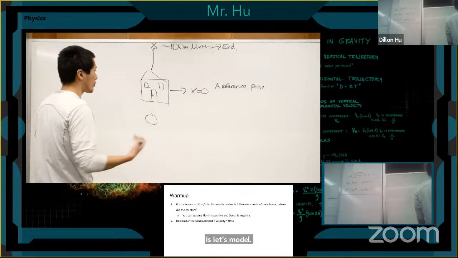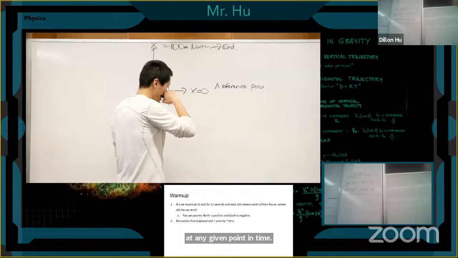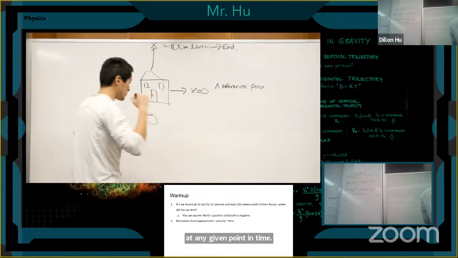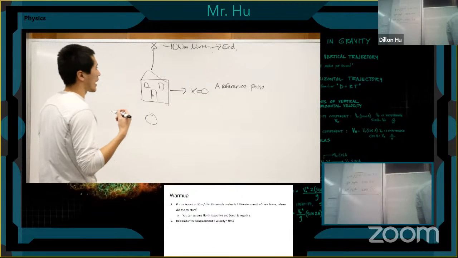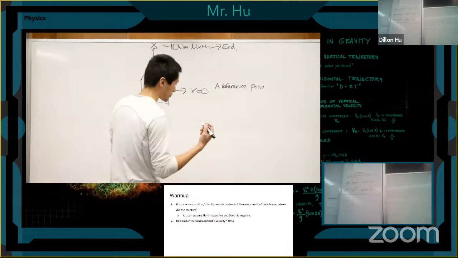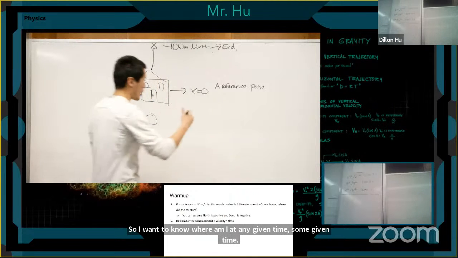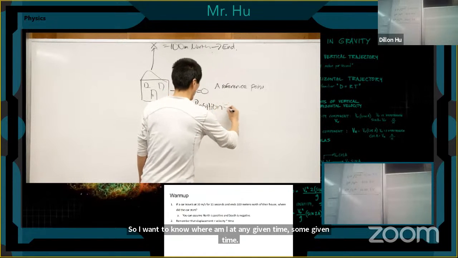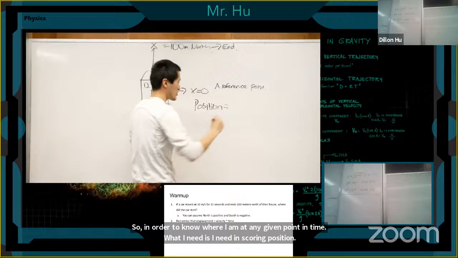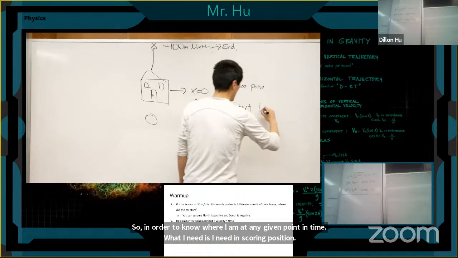In order to know where I am at any given point in time, I need a starting position, and then I need to know how far I've moved from that starting position.